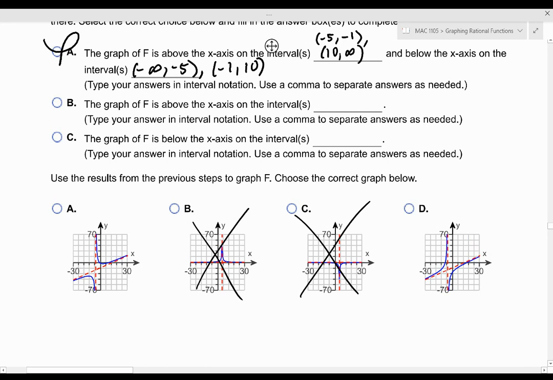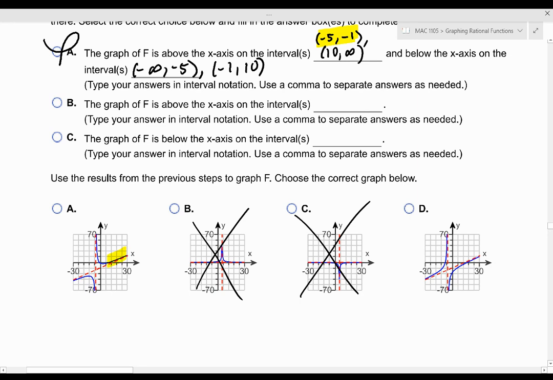So let's pull out the highlighter. All right, so we said that our graph should be above the x-axis from -5 to -1. All right, so -5 to -1, I should be above. So that means I should have something that looks like this on this side. I should be above the x-axis. All right, so that one, let's see, -5 to -1, and we should be above from 10 to infinity.